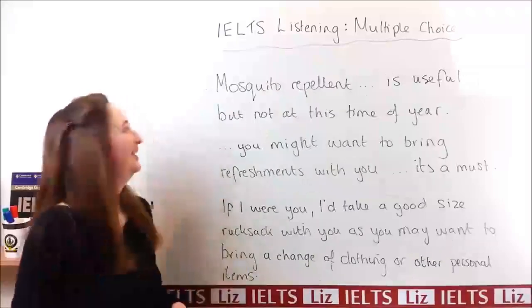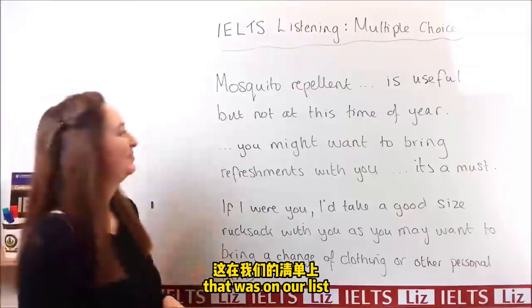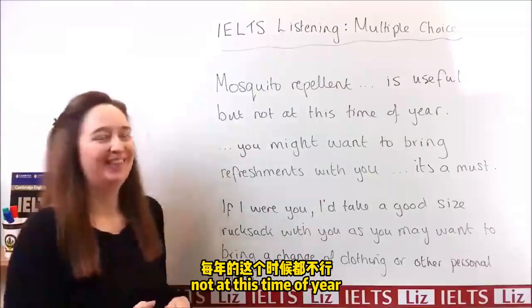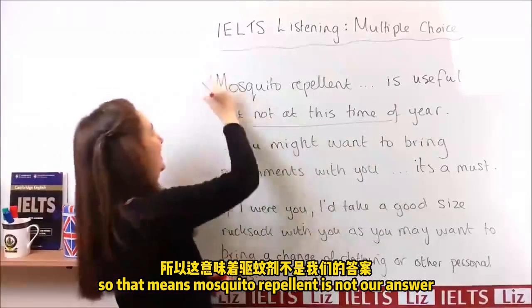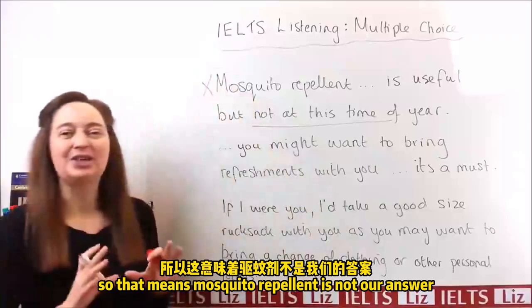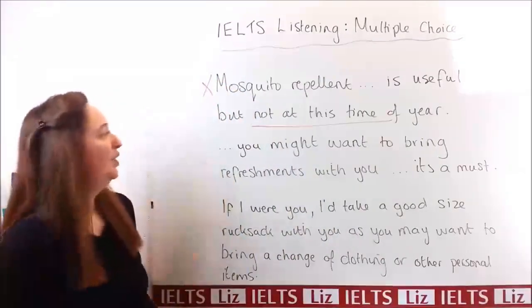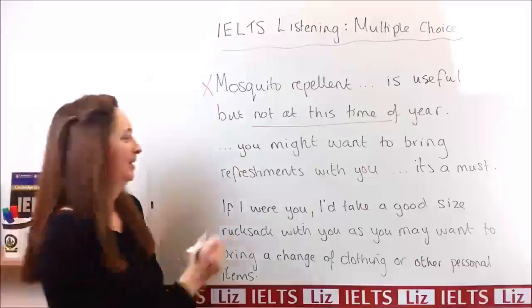The next one. Mosquito repellent, that was on our list, is useful, but not at this time of year. So that means mosquito repellent is not our answer. The next one. You might want to bring refreshments with you.